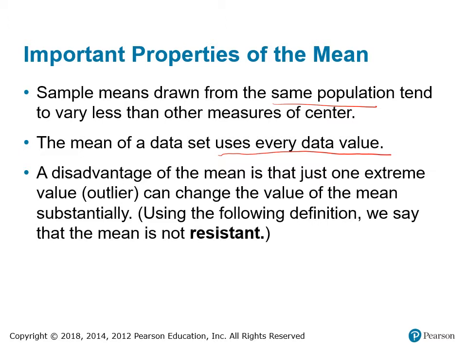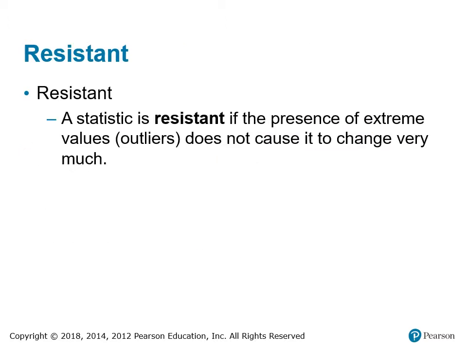There is a disadvantage, though. The disadvantage to the mean is that just one extreme value, which we call an outlier, can drastically change the value of the mean. In which case we say that the mean is not resistant. A statistic is resistant if the presence of an extreme value, an outlier, does not cause it to change very much. But that's not the case for mean.